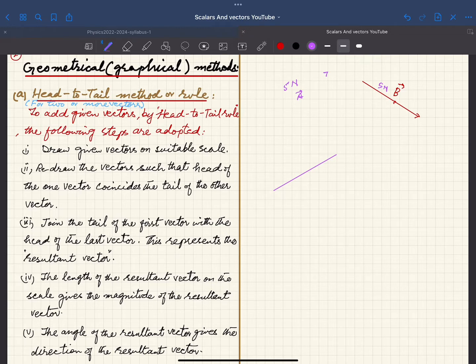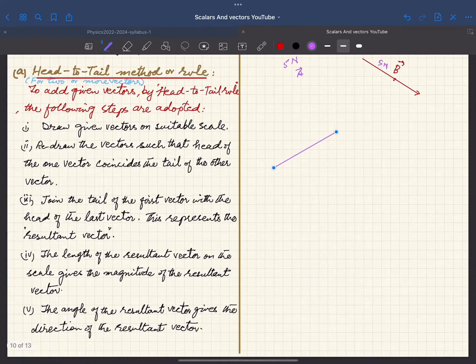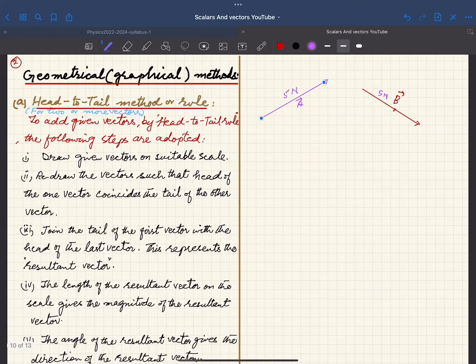To add given vectors by the head to tail rule, you have to follow these steps. Suppose here you have two vectors: one vector of 5 Newton, and another of 5 Newton, or whatever value you take, but you have to consider a suitable scale. As we discussed before, we cannot draw a line of 5 Newton, so we have to consider a scale.